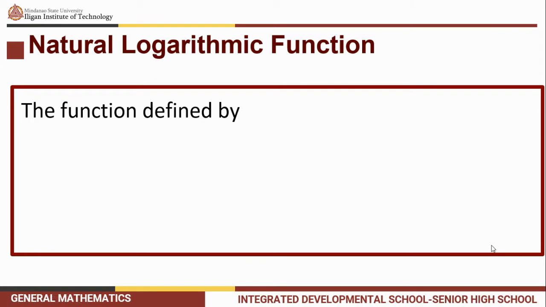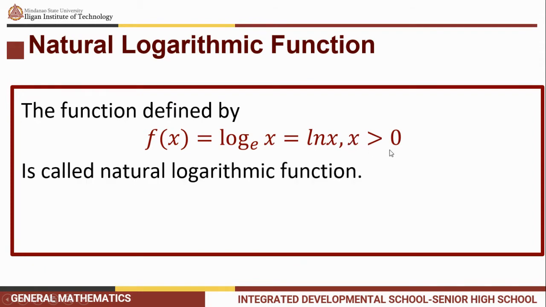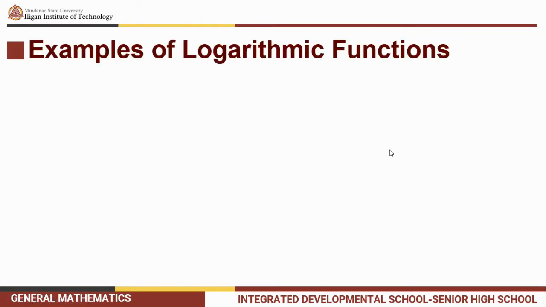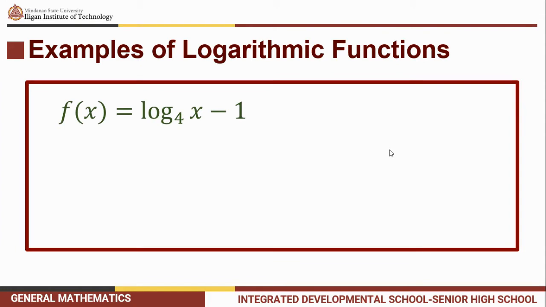Now let's talk about natural logarithmic function. The function defined by f of x equals log with base e of x, which is equal to ln of x, wherein our x here must be greater than 0, is called natural logarithmic function. Now I will show you some examples of logarithmic functions.